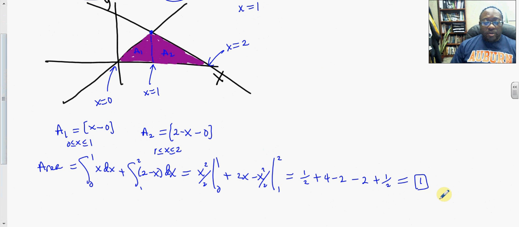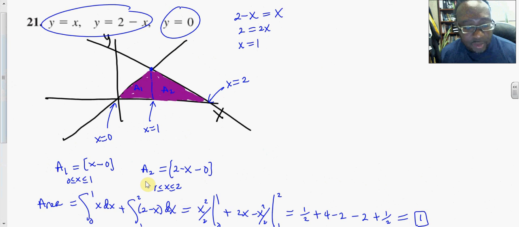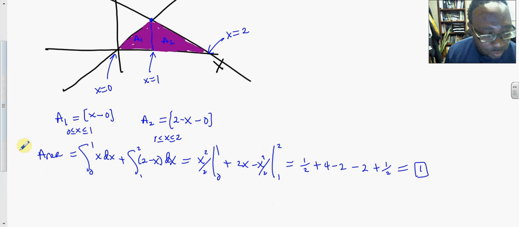Now, this was two integrals. What if you want to calculate this with just one integral? You can do that with respect to y.